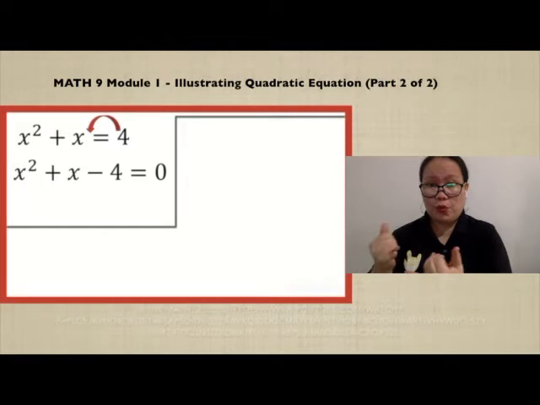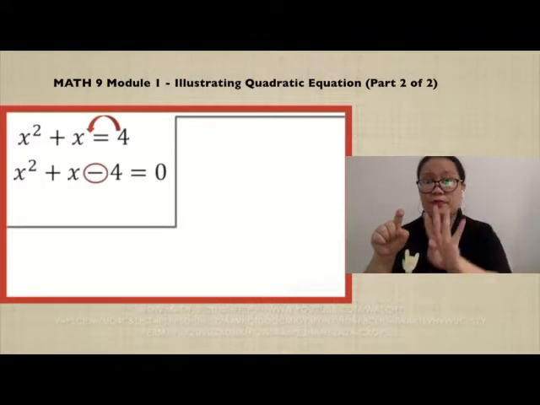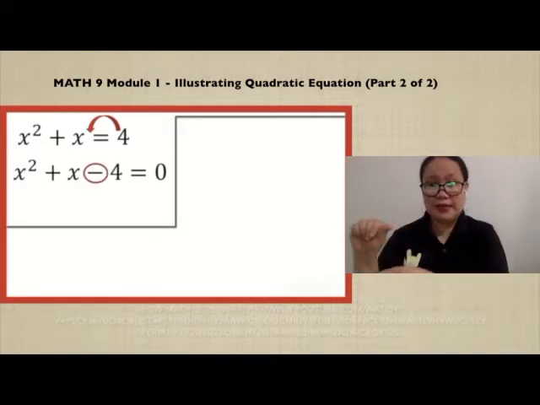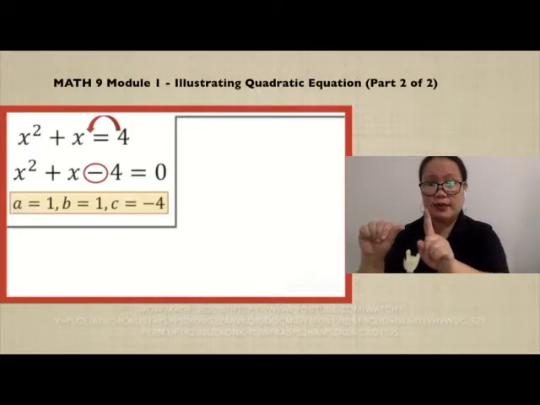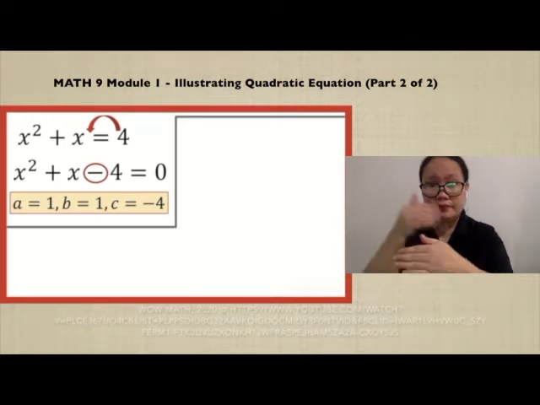So we will have now x squared plus x, ililipat natin si 4, so that will become negative 4 is equal to 0. So we can now get the value of a, b, and c. A is equal to 1, b is equal to 1, c is equal to negative 4.